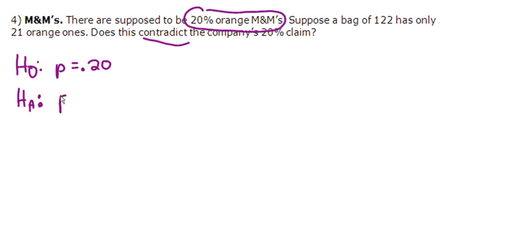It just says, does it contradict? So if it doesn't state which side to shade, basically, if it's less than or greater than, we use not equal to. So we're checking to see if our sample contradicts the idea that there should be 20% orange M&Ms.